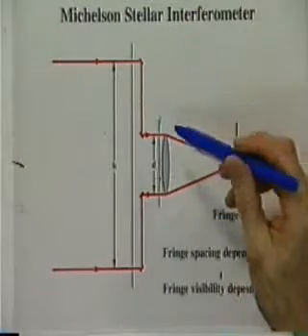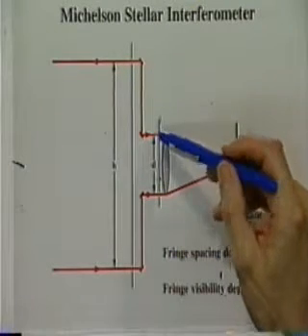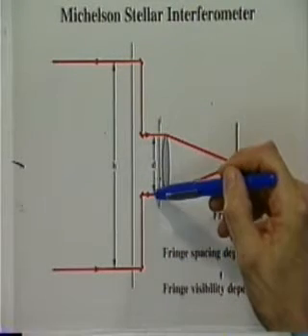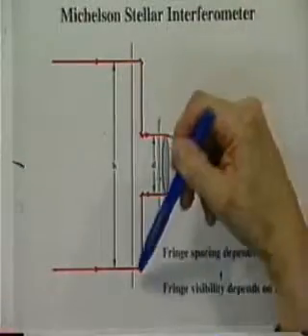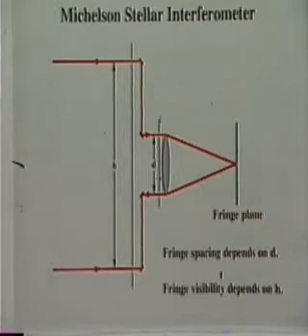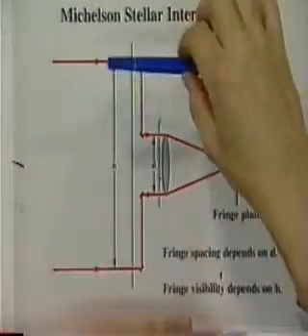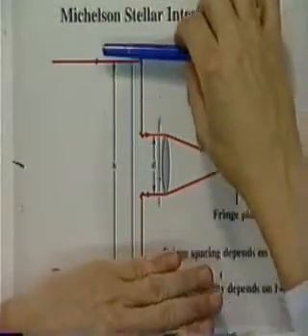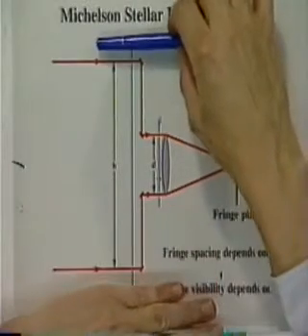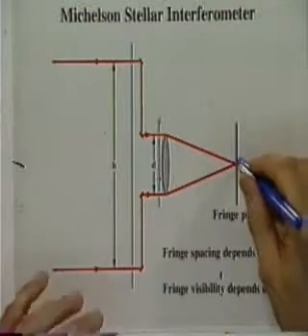So we're saying here that the 2 slits in front of the telescope have a spacing of d, and these mirrors out here have a spacing of h. What he's going to do is move these 2 mirrors back and forth, looking at the fringe contrast, and find what separation here gives 0, or at least a minimum, fringe contrast.